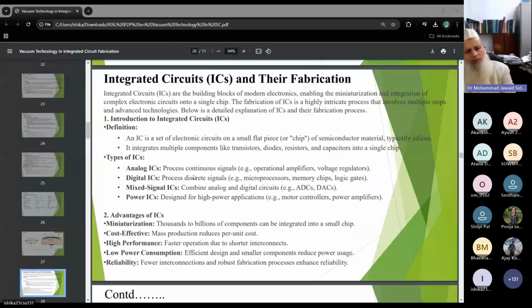In printed circuit boards, we generally form the circuits with the help of the discrete devices. A BJT is placed, then a resistor is placed, then a capacitor is placed, and individually we place these components on the PCB, and then soldering was used to connect one component to another.